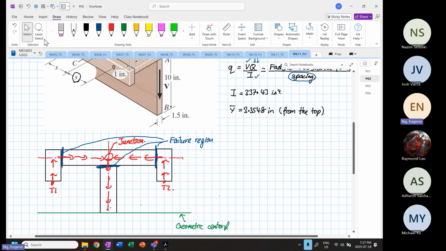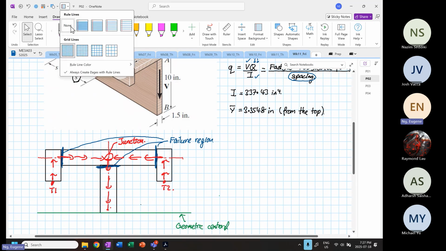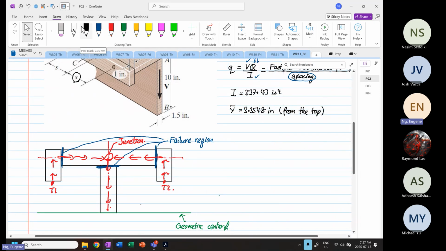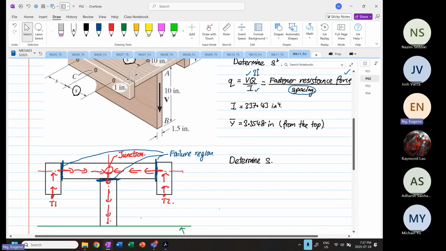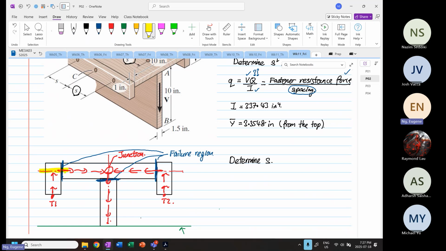Determine S1, S first. Okay, we're going to determine S. If you look at S, this is the nail that is affected by S. So what is the first moment of area?